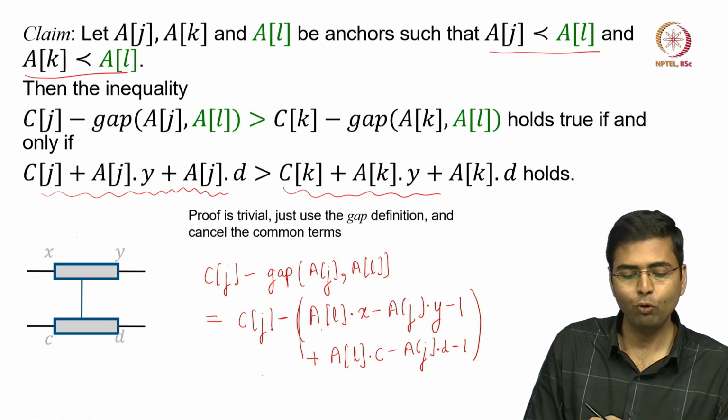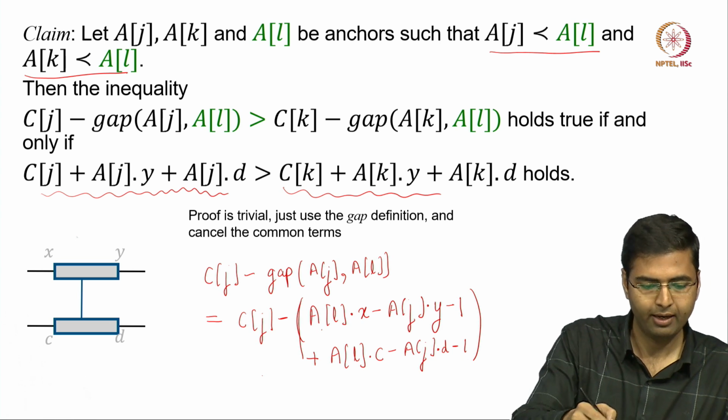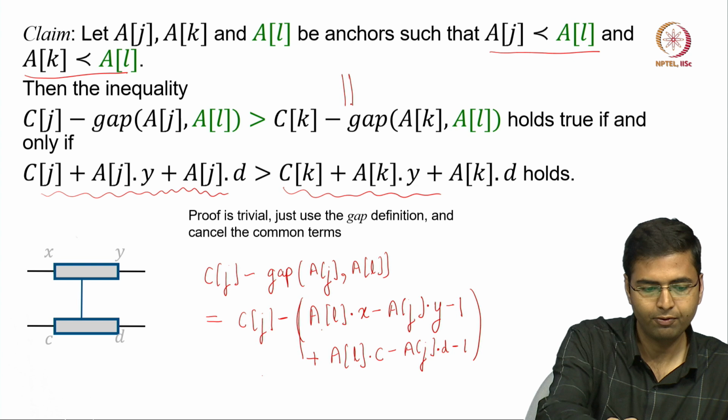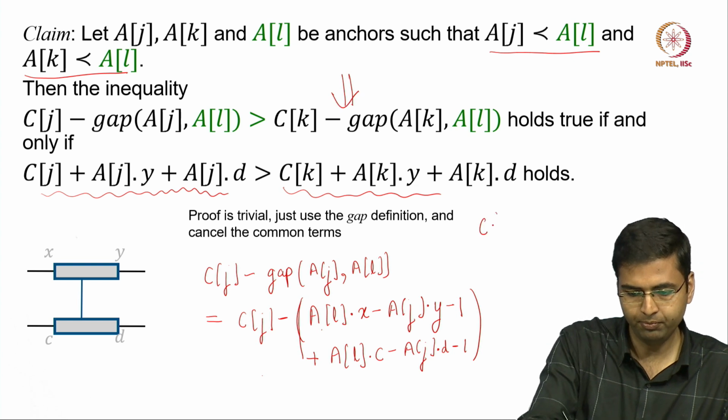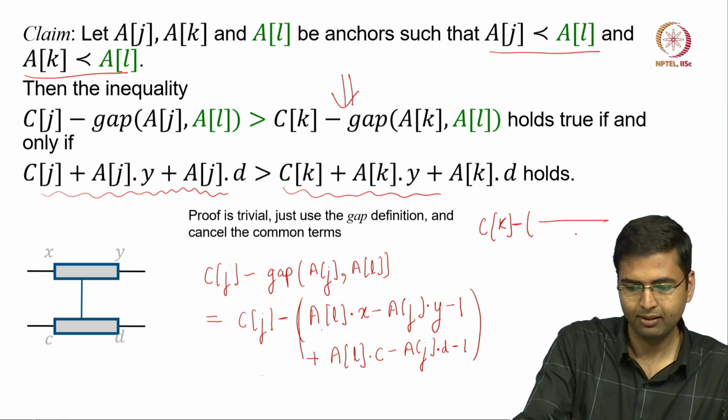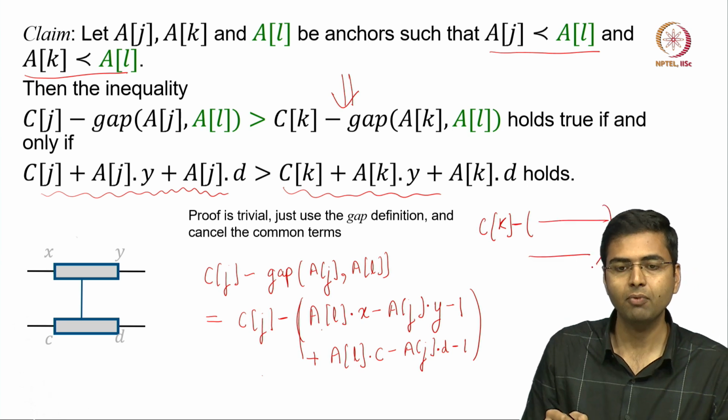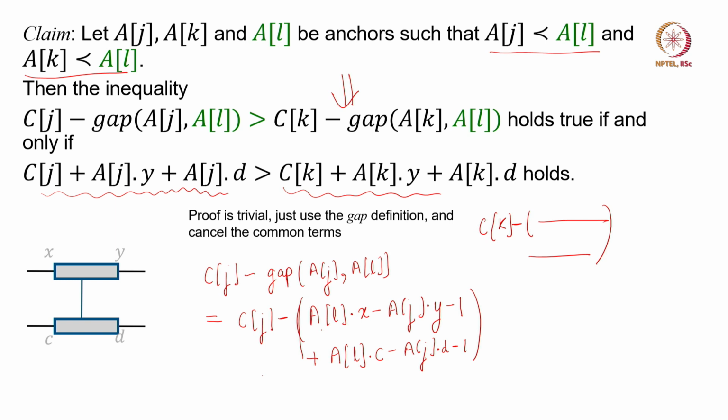Similarly, if you open the right hand side of this inequality, what you will get is Ck minus a similar expression, and in that case the terms corresponding to Al will be the same on both sides.